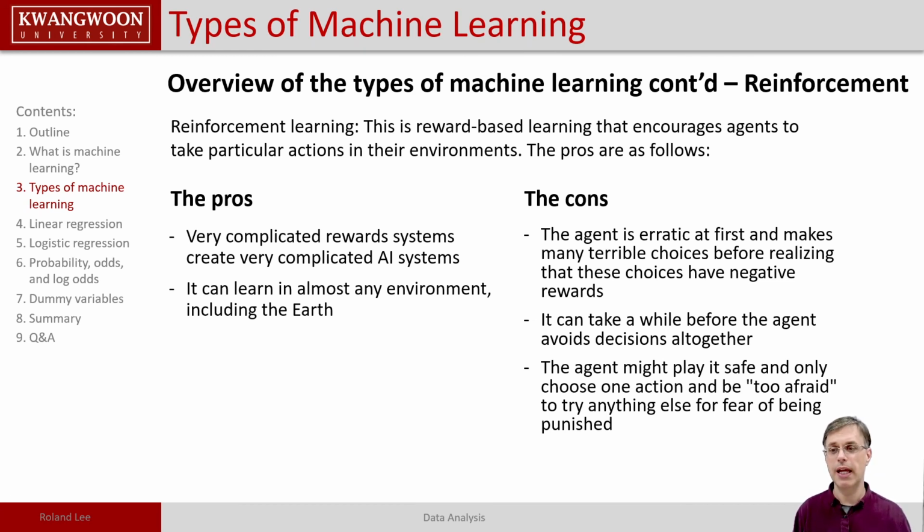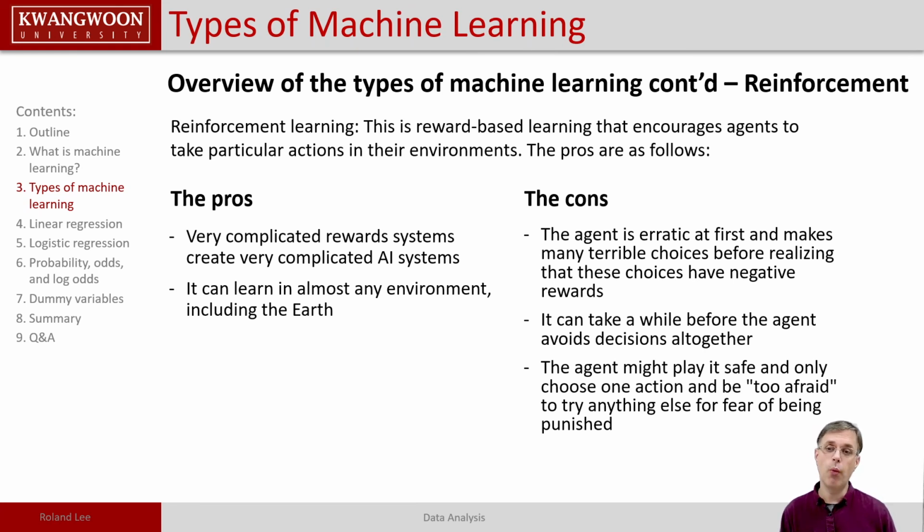The agent is erratic at first and makes many terrible choices before realizing that these choices have negative rewards. For example, a car might crash into a wall and not know that is not okay until the environment negatively rewards it.